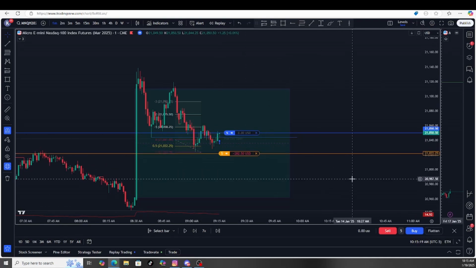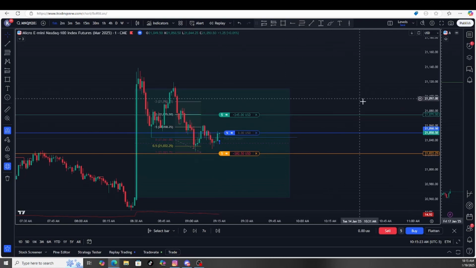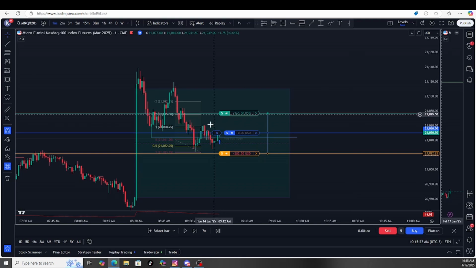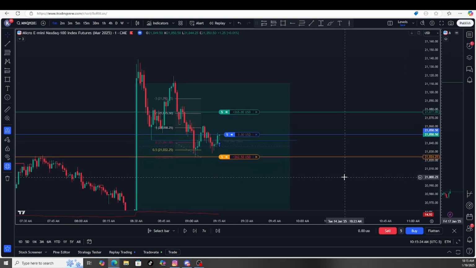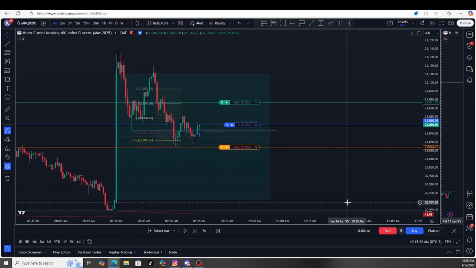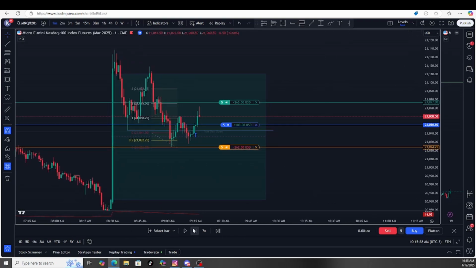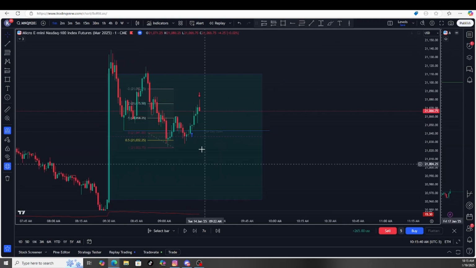Put my stop there, and then my TP would be at the 2R this time. Maybe we'll kind of go to, no, we're going to do this. Try to make it a 1-to-1 trade, for mathematic reasons. Boom.